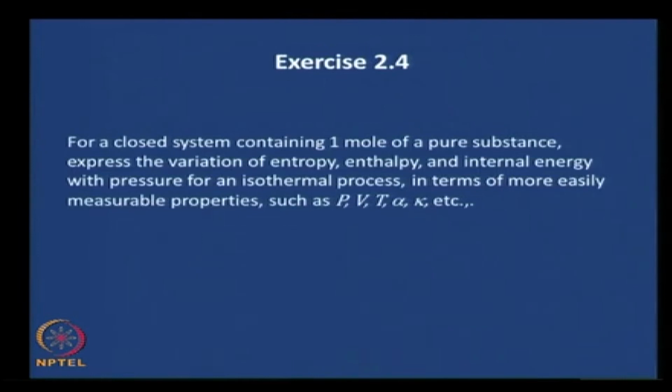For a closed system containing 1 mole of a pure substance, express the variation of entropy, enthalpy and internal energy, these three are somewhat more difficult to measure, with pressure for an isothermal process in terms of more easily measurable properties such as pressure, volume, temperature, alpha, kappa, expansivity, compressibility, etc. Note that this is an isothermal process and therefore the temperature is held constant.